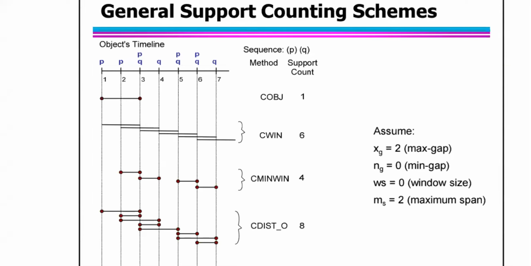So first we consider P at T equal to 1, and Q occurs at the third position. That is the PQ, and that is COBJ, one occurrence per object.